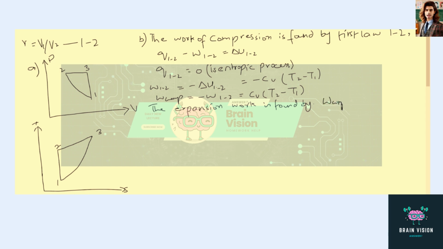Work done during compression divided by work done during expansion is equal to Cv (T2 minus T1) divided by Cv (T3 minus T1), with T1 taken common, and here R T2 common.